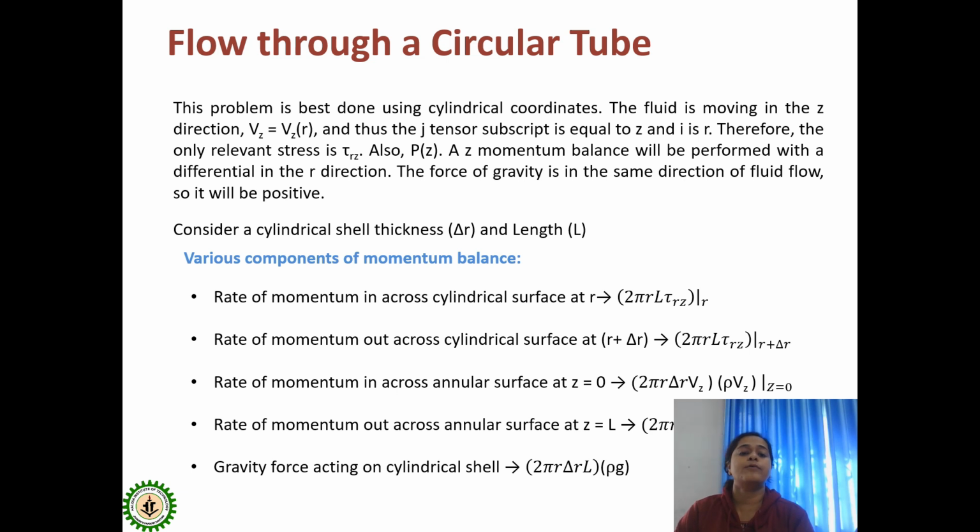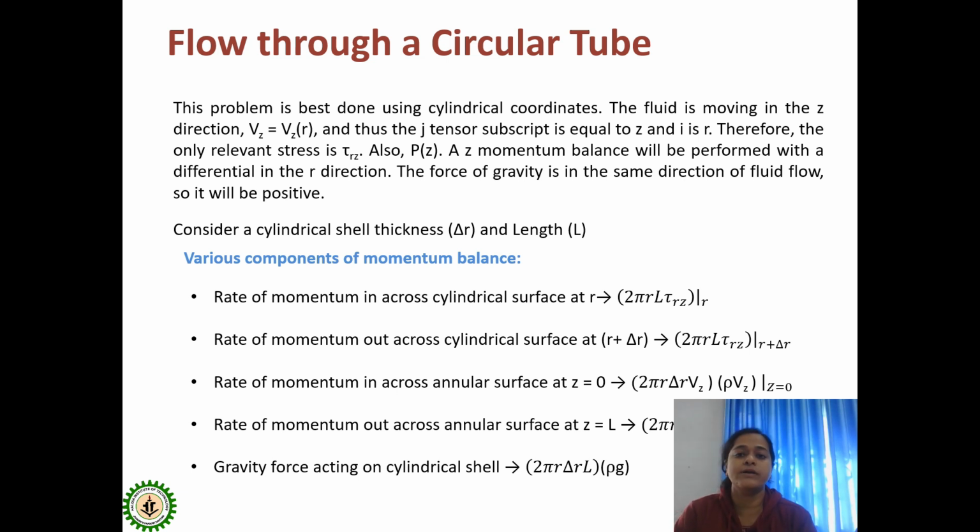After that, the problem is based on cylindrical coordinates, so we choose the cylindrical coordinate system. The fluid is moving in the z direction, so here the velocity distribution is Vz as a function of r, and the only relevant stress is tau rz.